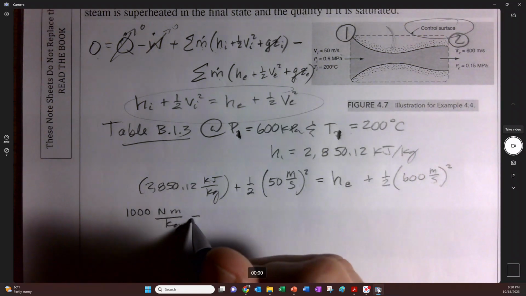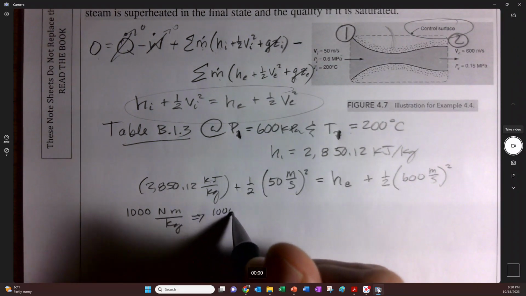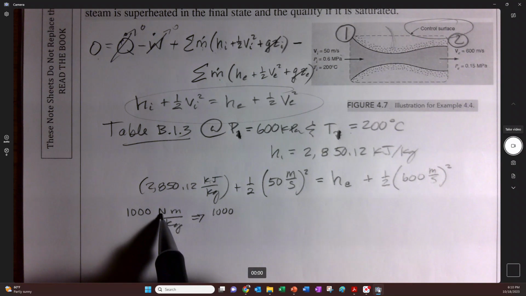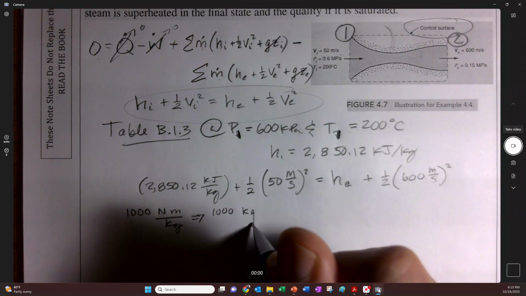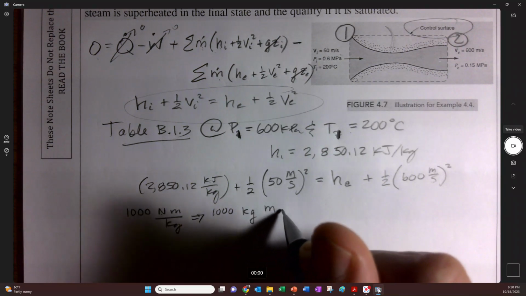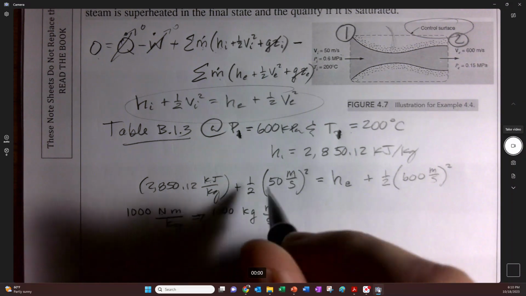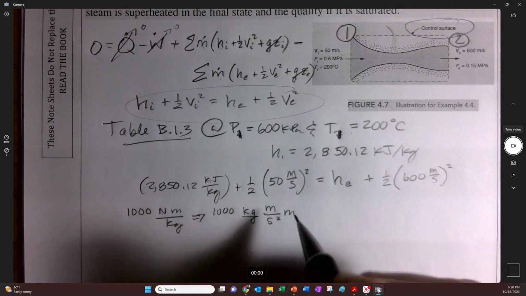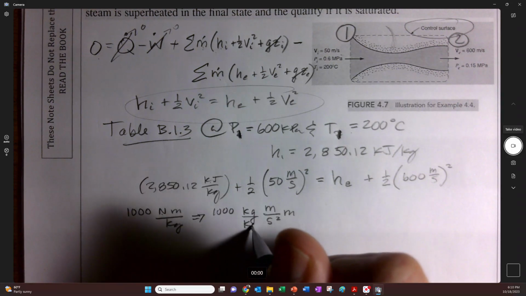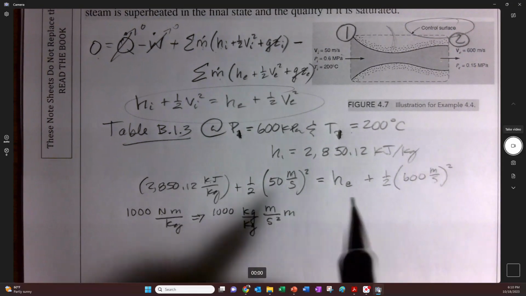And that means that's going to turn into 1,000. Remember that a Newton is a kilogram meter per second squared. So you go kilogram meter per second squared, but that was per kilogram, and times meter. Yes, Newton meters.